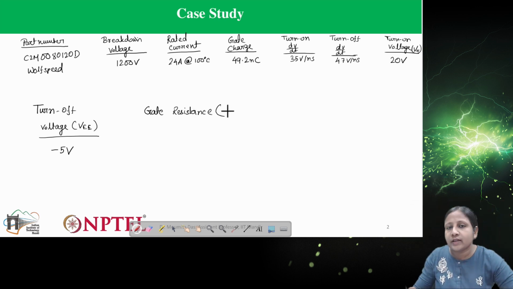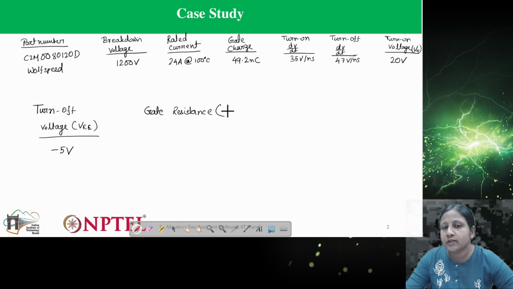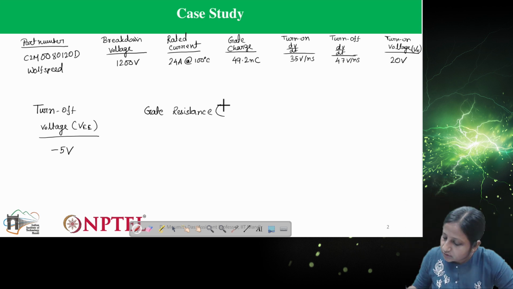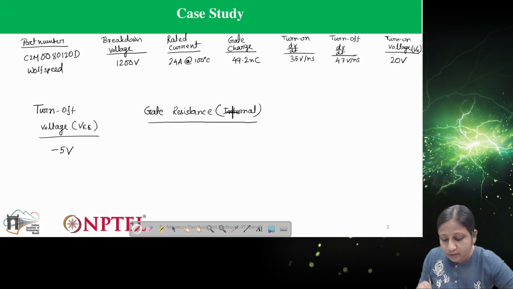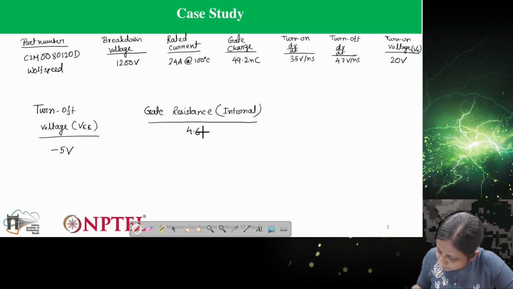Generally the gate resistance given in the data sheet is the internal gate resistance of the device. For this particular silicon carbide device it is 4.6 ohm.